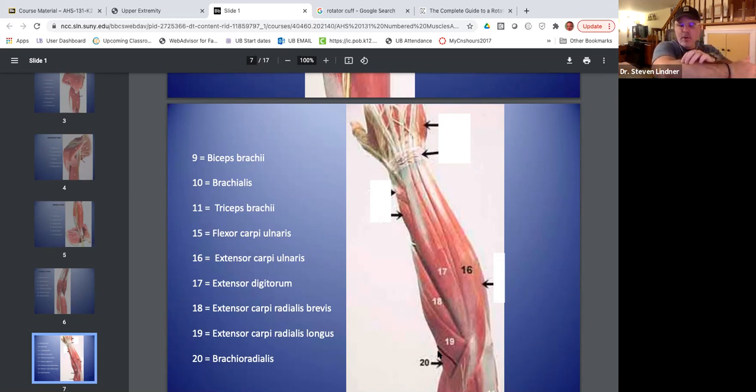It's called the mobile wad of three. 18 is the extensor carpi radialis brevis, 19 the extensor carpi radialis longus, and 20 the brachioradialis. They all kind of originate on the same place at that lateral epicondyle.